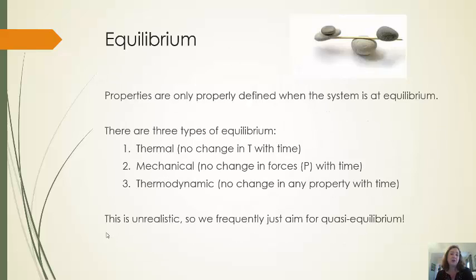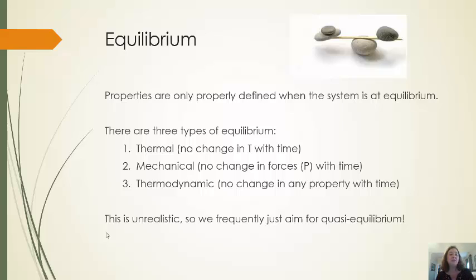Equilibrium is a very important concept for us because properties are only really defined if the system is at equilibrium. There are 3 types of equilibrium. We have thermal equilibrium, which means temperature doesn't change with time. We have mechanical equilibrium, which means there's no change in force, which for our purposes we relate to pressure, with time. So there's no change in pressure over time.